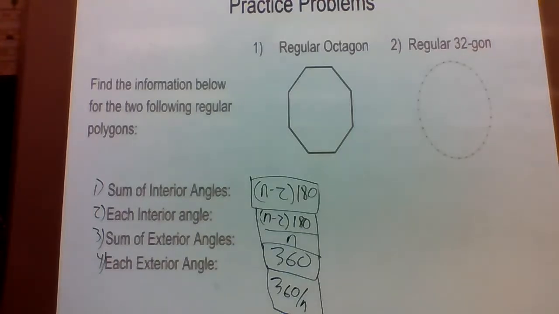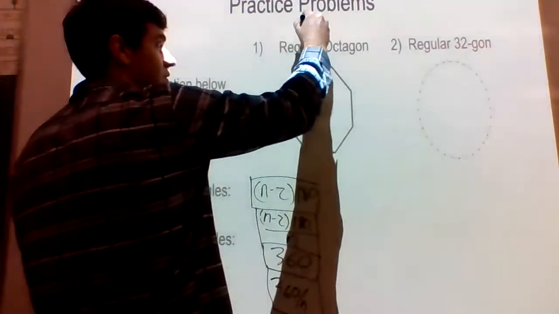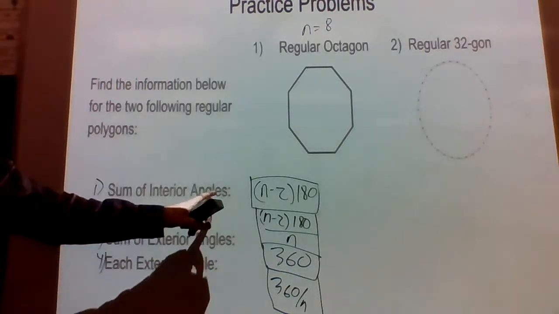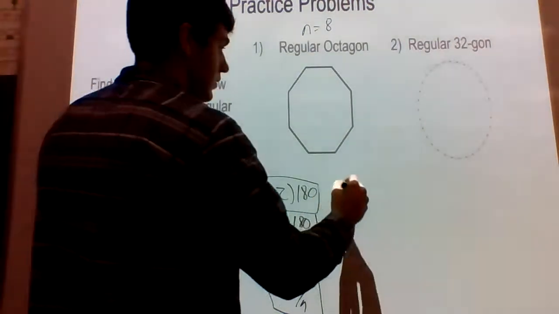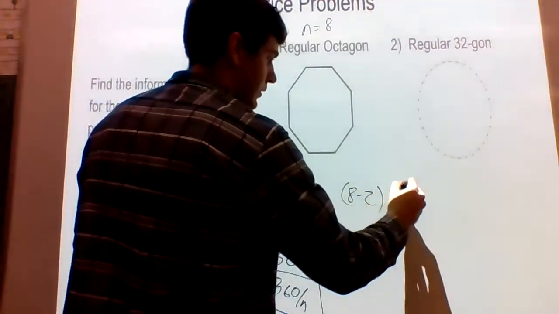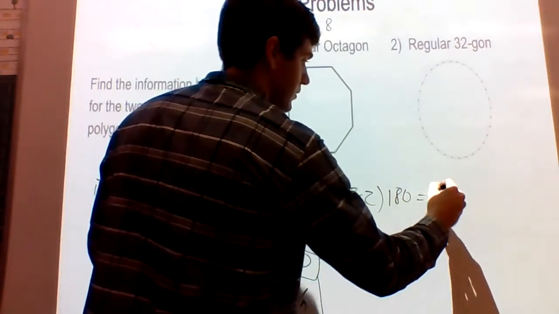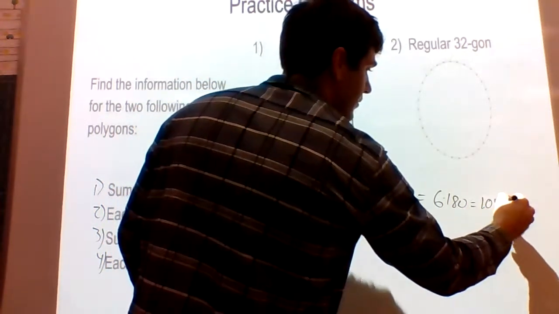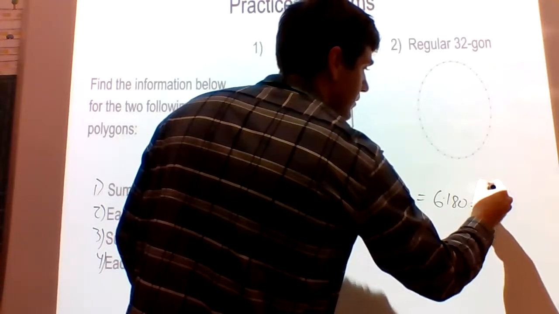Okay, so octagon, n is going to equal 8. 8 minus 2 is 6. 6 times 180 is going to equal 1080.